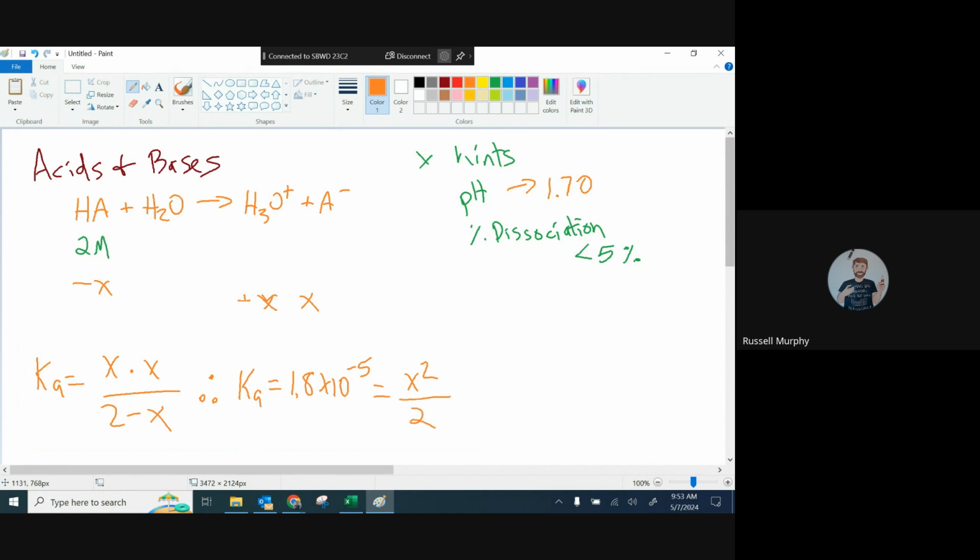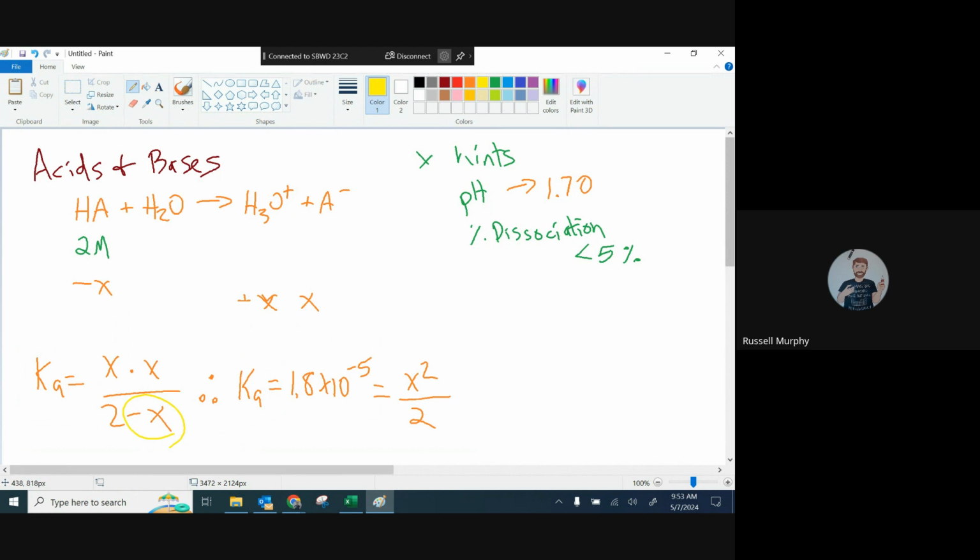But we're going to assume that this value for x is small enough that it makes almost no change when you do 2 minus x. 1.98 is not too different from 2. So we're going to assume that value for x is small enough that we can ignore it.